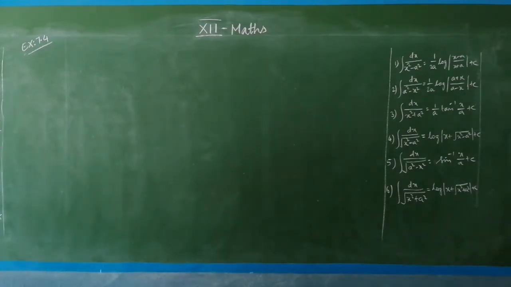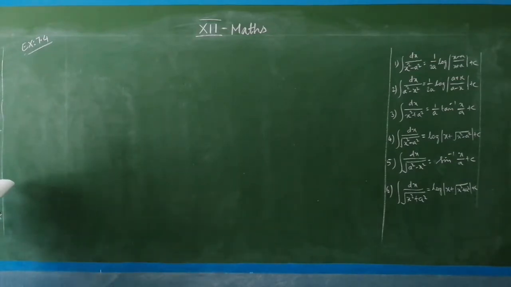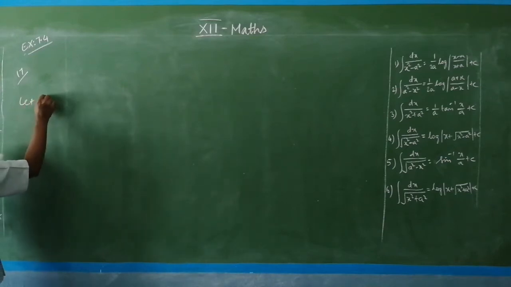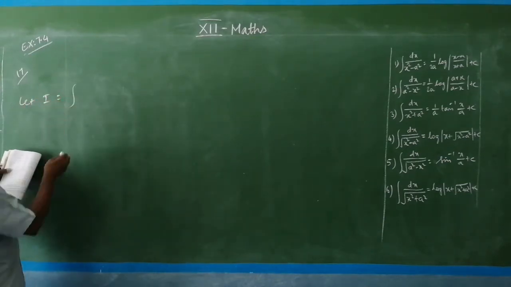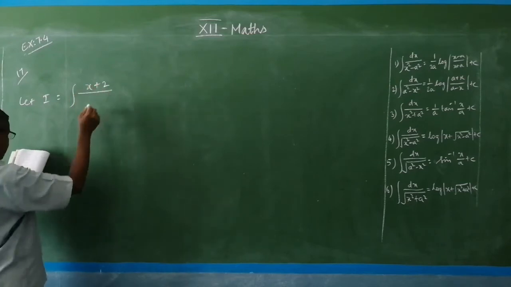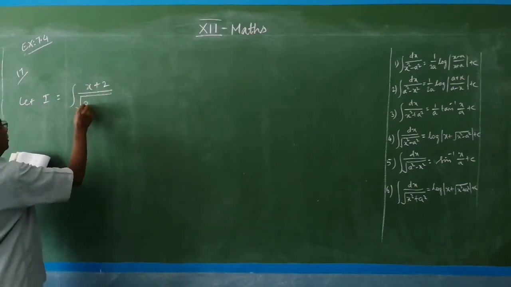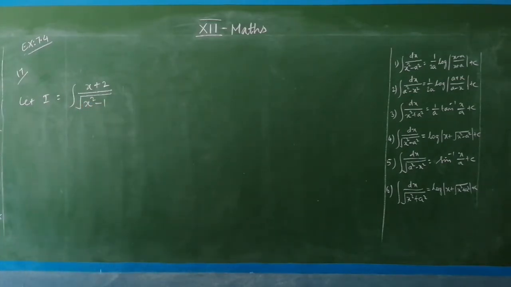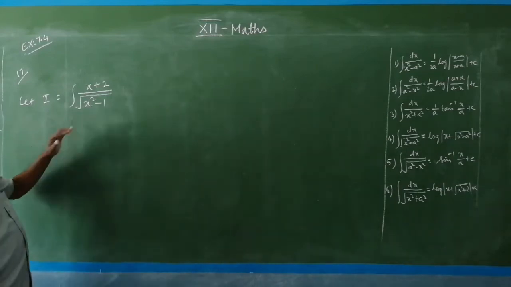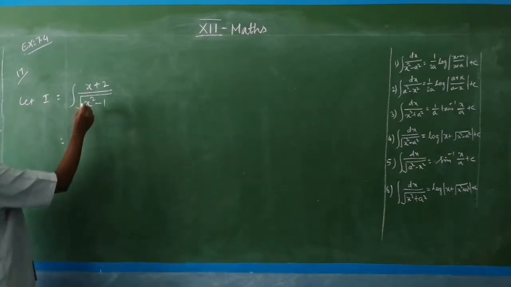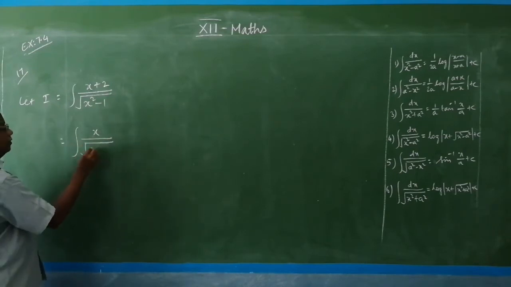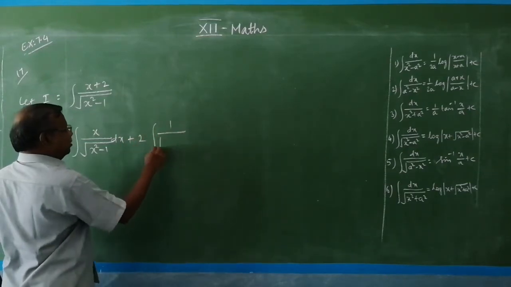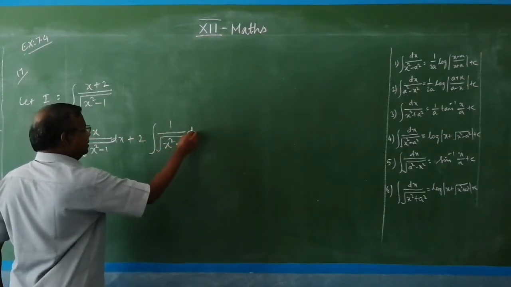In question number 17, let I equal to integral (x plus 2) divided by root of (x square minus 1). We can split this into two terms: integral x by root of (x square minus 1) into dx, plus 2 into integral 1 by root of (x square minus 1) into dx.